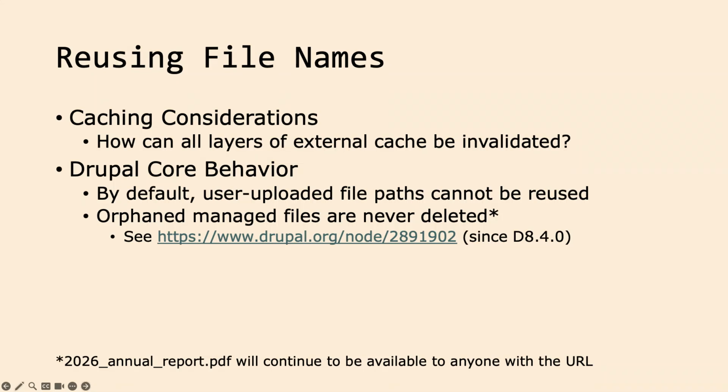All right, so if we're going to reuse file names, we have two problems. The first one is we need to figure out external cache invalidation. Because just because we swap out the file on the server doesn't mean Varnish knows about it, doesn't mean anybody else on the internet knows about it. And then the other thing we need to do is talk about that Drupal core behavior. By default, user uploaded files are not deleted.